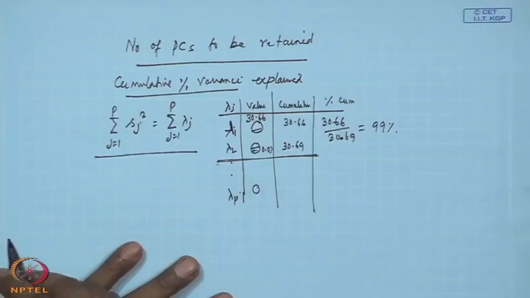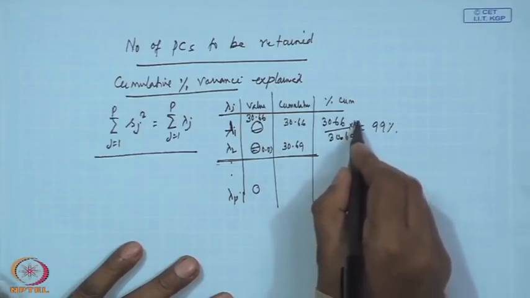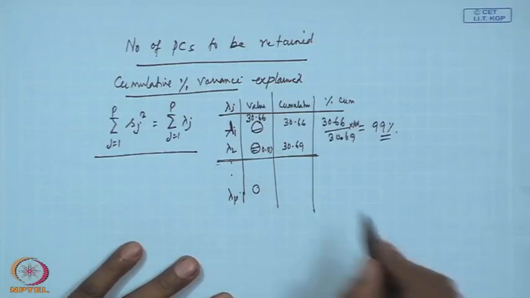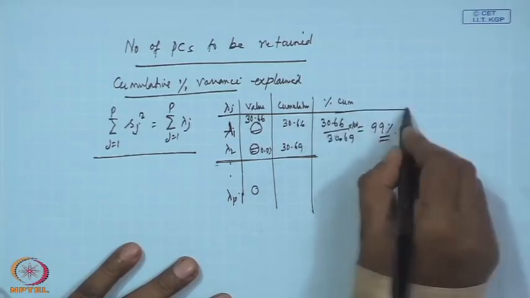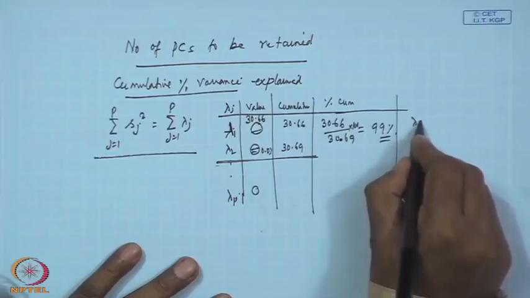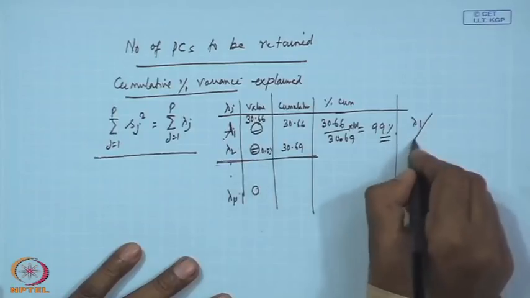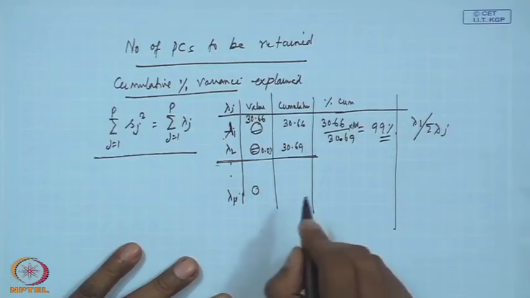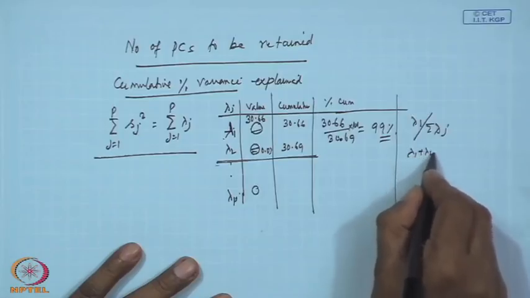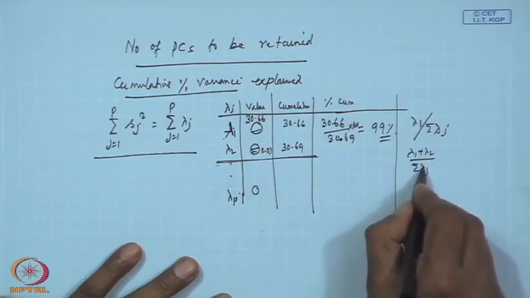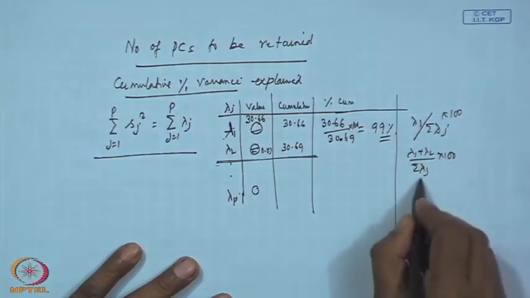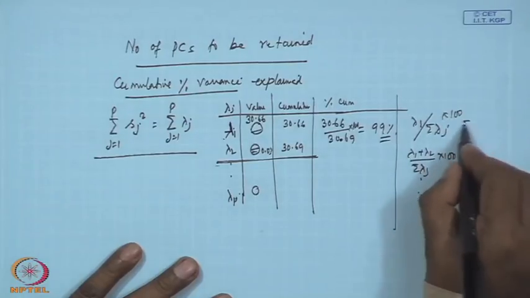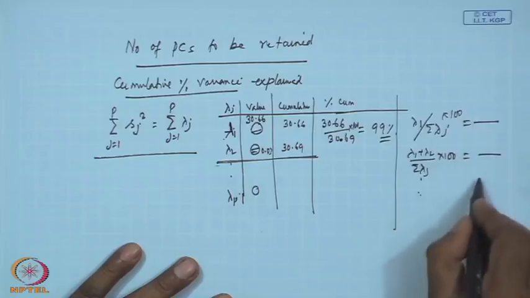So into 100, it will be almost 99%. You just go on doing like this: lambda 1 divided by sum of lambda j, then lambda 1 plus lambda 2 divided by sum of lambda j, into 100, and similarly you find the percentage.